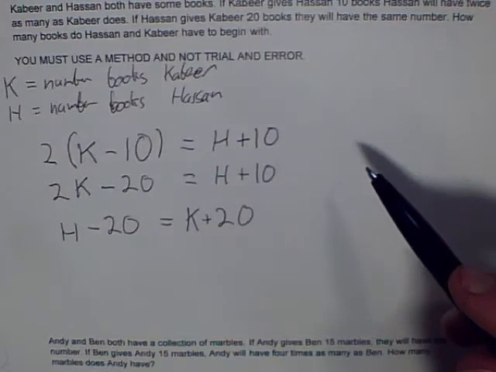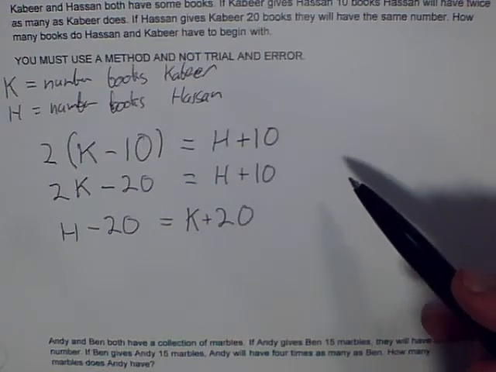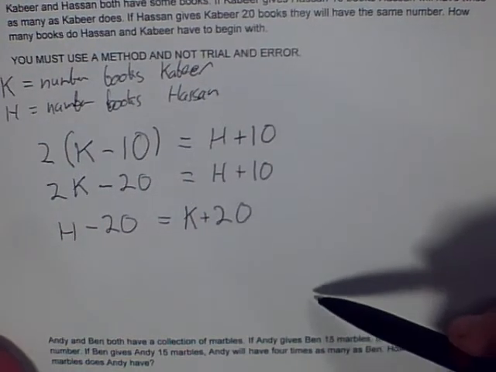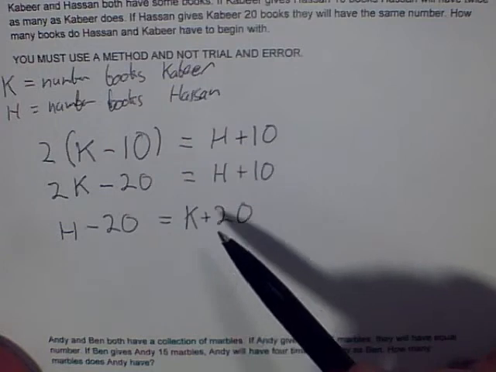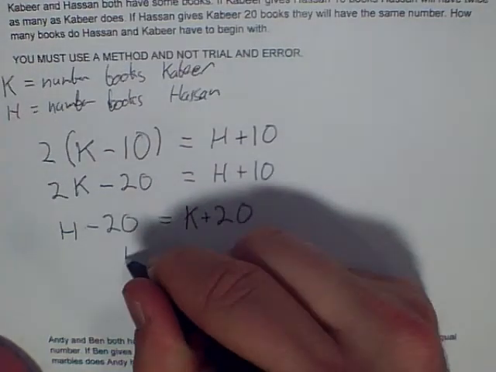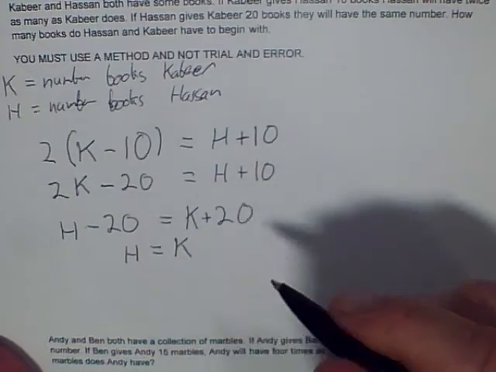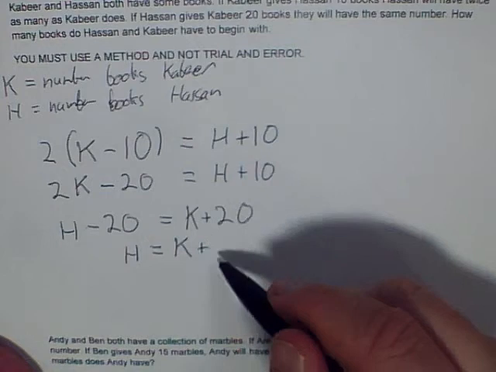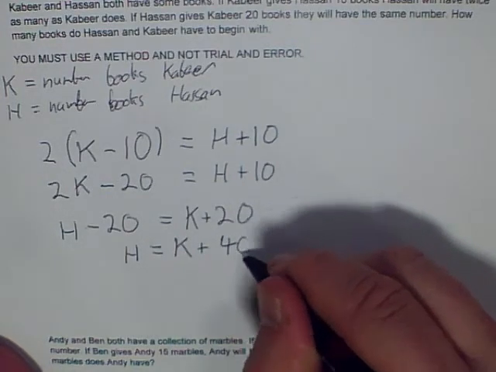So I want to isolate either Hassan or Kabir and then substitute into the other expression. If I find Hassan in terms of Kabir, that's going to reduce the number of negatives I've got to work with. So the number of books Hassan's got is the number Kabir's got plus 40, because if I add 20 to both sides, I'd have k plus 20 more, so it's k plus 40.